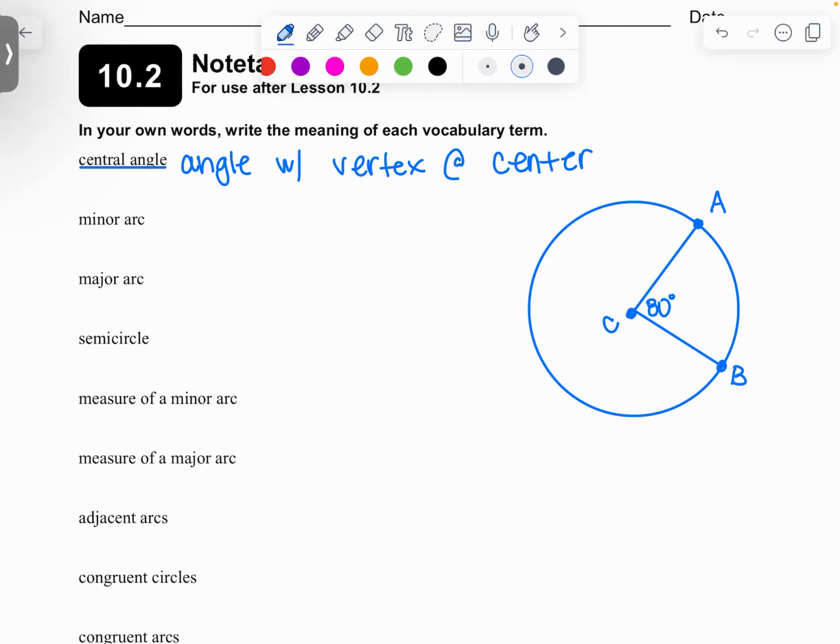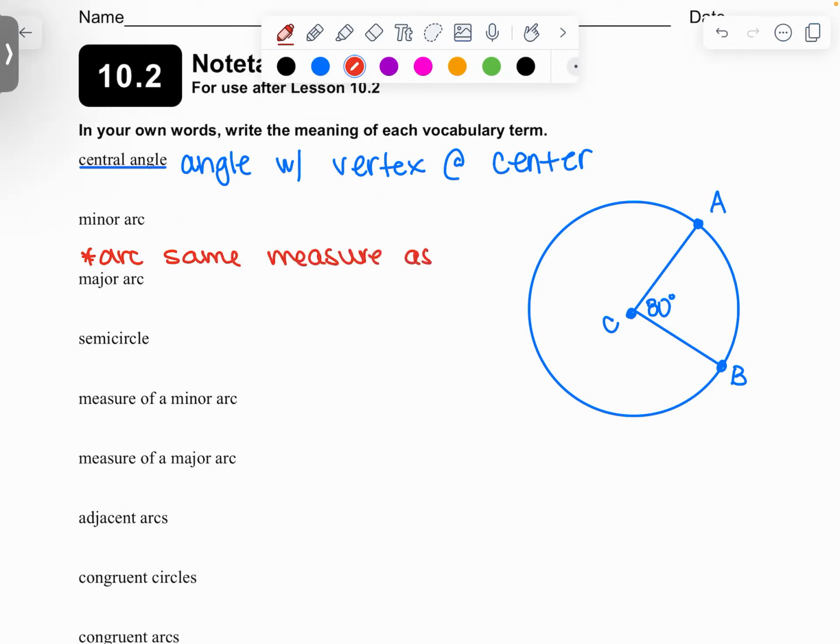So we have minor arcs and major arcs. First of all, an arc is going to have the same measure as a central angle. Okay, so let's make a little note. An arc is going to have the same measure as its central angle.